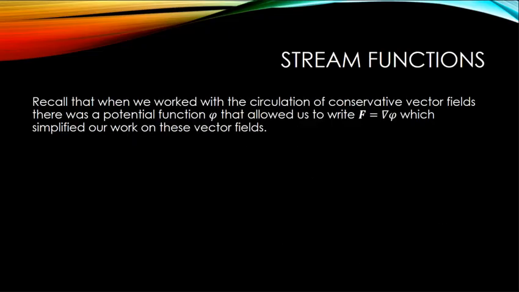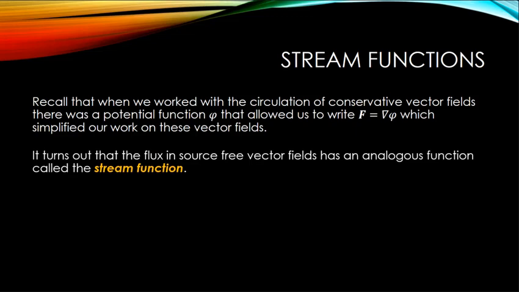Now recall that when we worked with circulation of conservative vector fields, there was a potential function phi that allowed us to write my vector field as del phi, or the gradient of phi, which simplified our work on these vector fields. And it just so happens that the flux in a source-free vector field has an analogous function that we call the stream function.